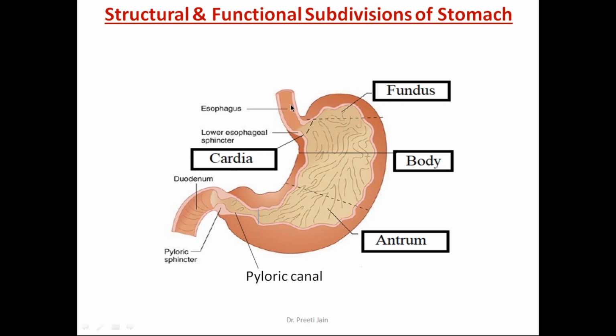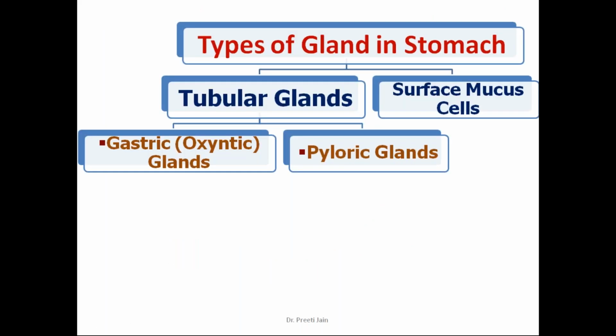The opening of the esophagus into the stomach is guarded by the lower esophageal sphincter, right? And as you can see, the mucosa is thrown into a number of folds, which are known as the rugal folds. So we are concerned with the physiology of the stomach. I'm not going into the anatomical aspects of the stomach any further.